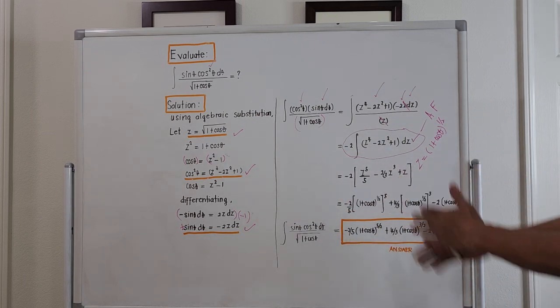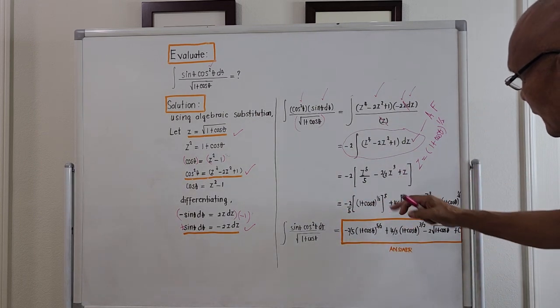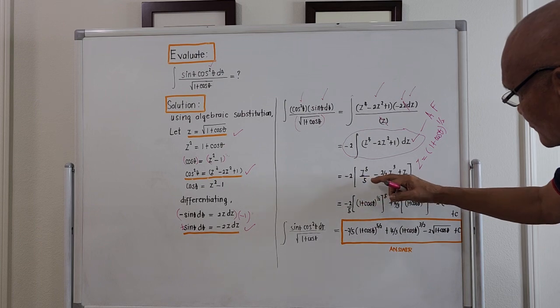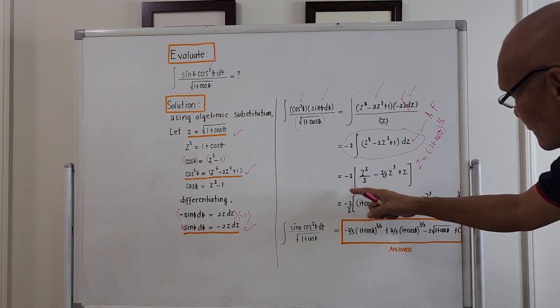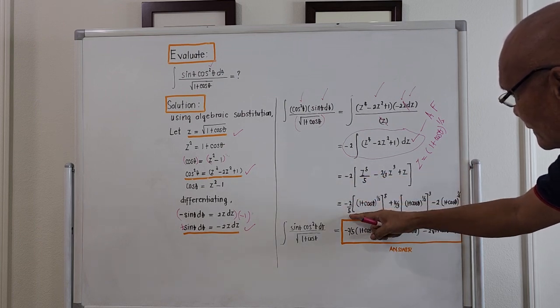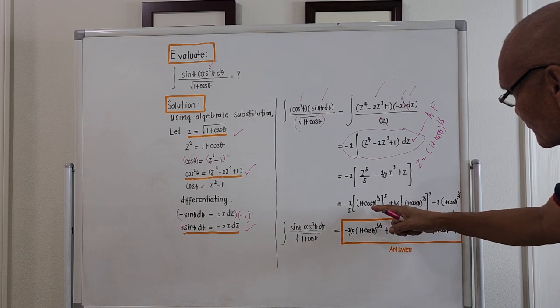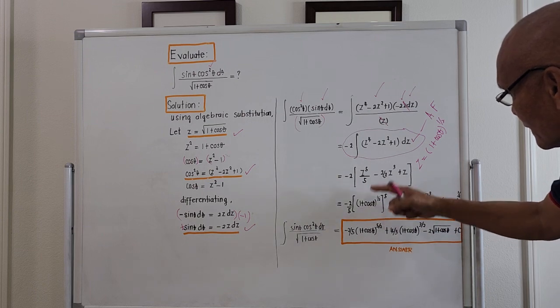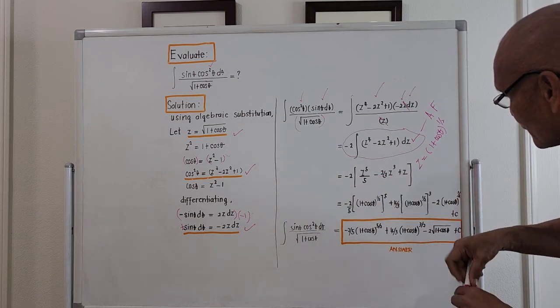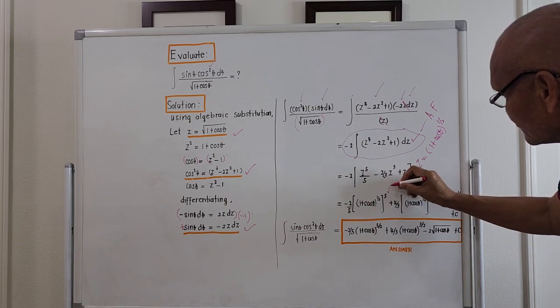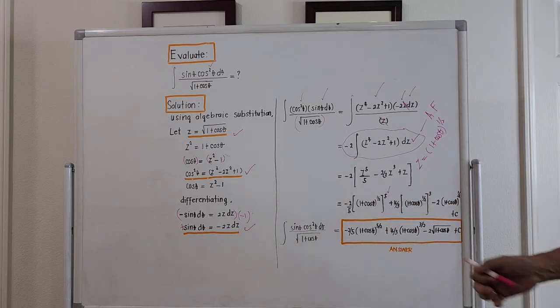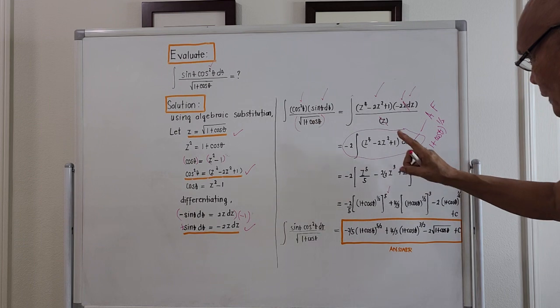So I will now try to simplify this one. I will multiply first this minus 2 times the first one, so the coefficient will be negative 2 over 5. We will replace z by the value 1 plus cosine of theta to the 1/2. So this is 1 plus cosine of theta to the 1/2, raised again to the 5th power. Okay. A minus 2 times the minus 2 will be plus 4.